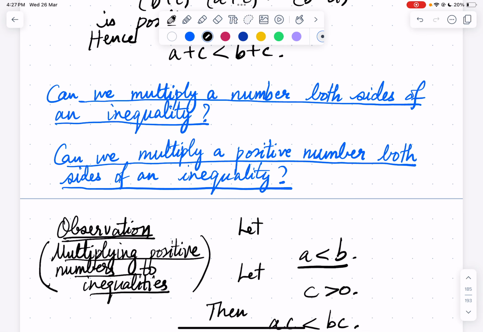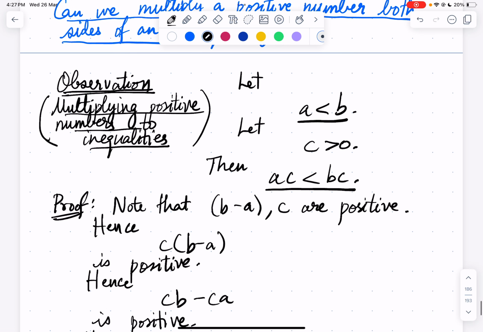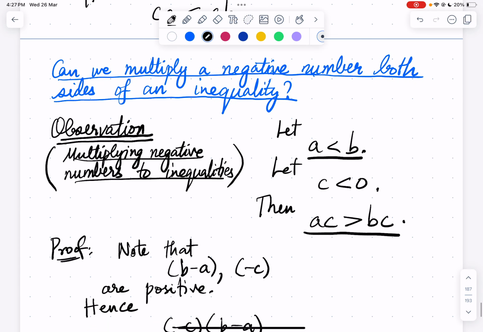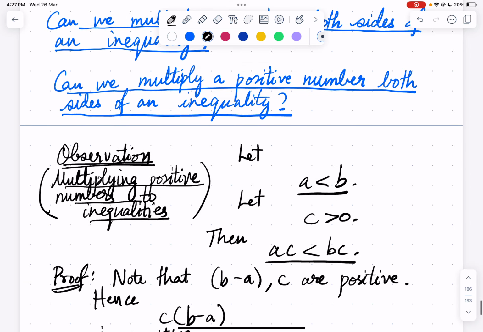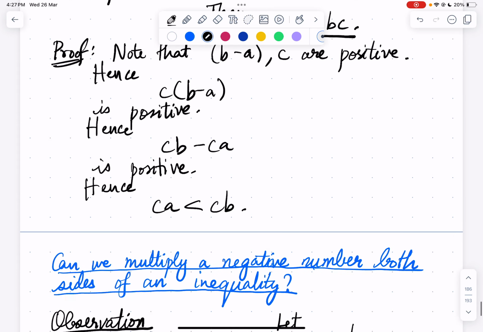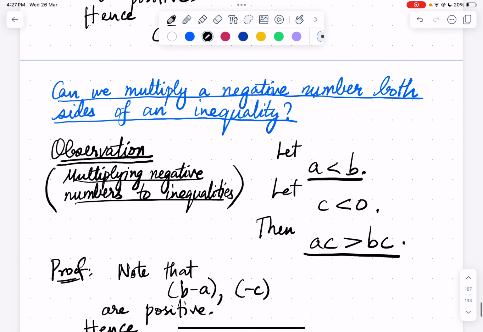Then we asked, can we multiply a positive number on both sides of an inequality? It turns out yes: if A is less than B and C is positive, then AC will be less than BC. Then we asked, can we multiply a negative number on both sides of an inequality? So we looked at addition of a number to both sides, and now we are looking at multiplication. If we have A less than B and C is negative, then AC will become greater than BC.